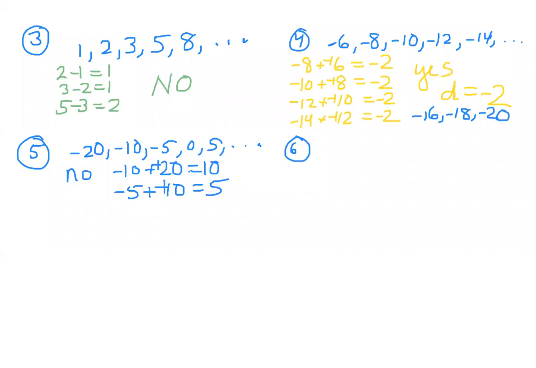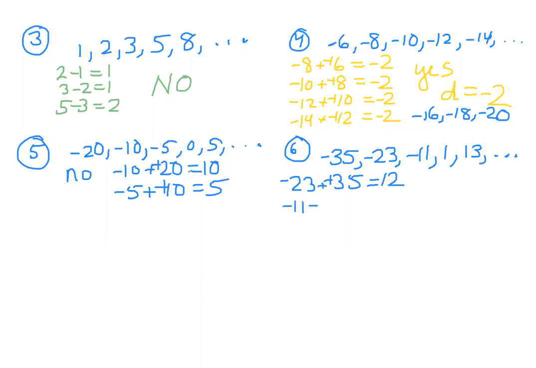All right, number 6, negative 35, negative 23, negative 11, 1, 13. Is it arithmetic? Negative 23 minus negative 35 is 12.